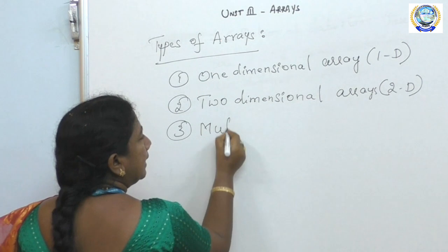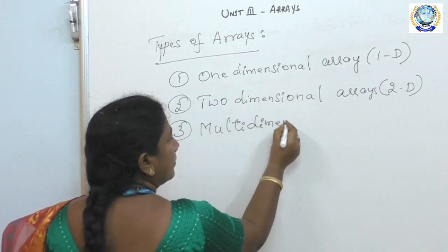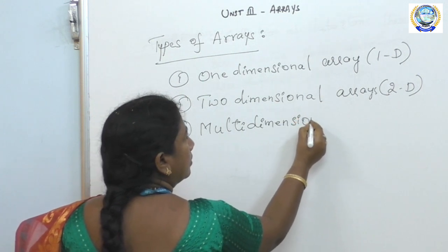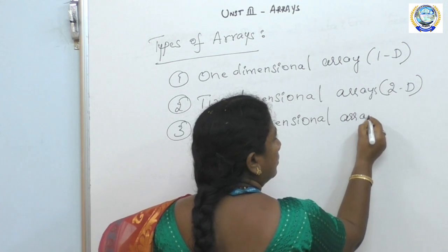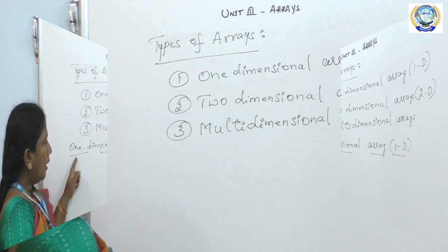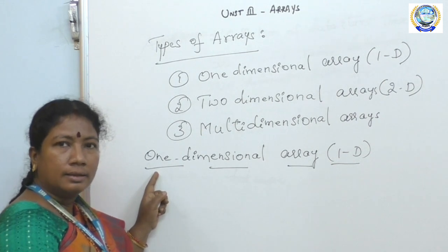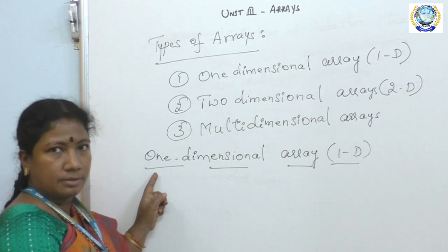Next, multi-dimensional arrays. In one-dimensional array, the data is arranged in only one dimension.